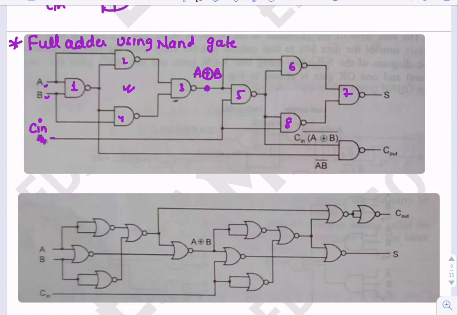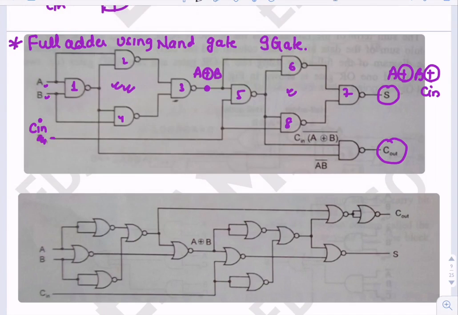Two XOR gates connected in series will produce the output sum, that is A XOR B XOR Cin. So these four and these four are designing the XOR gates, and here we are getting the carry output bit.